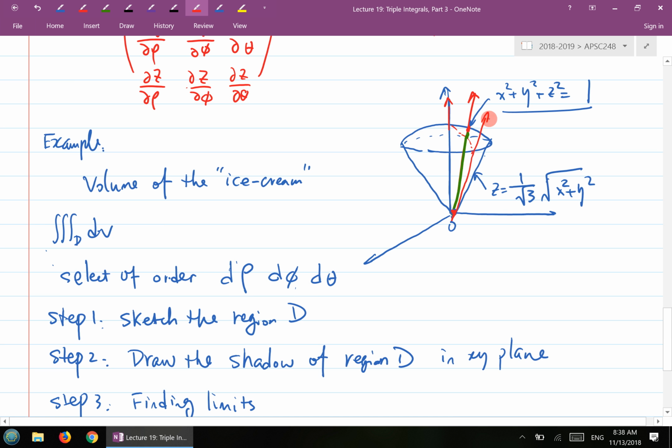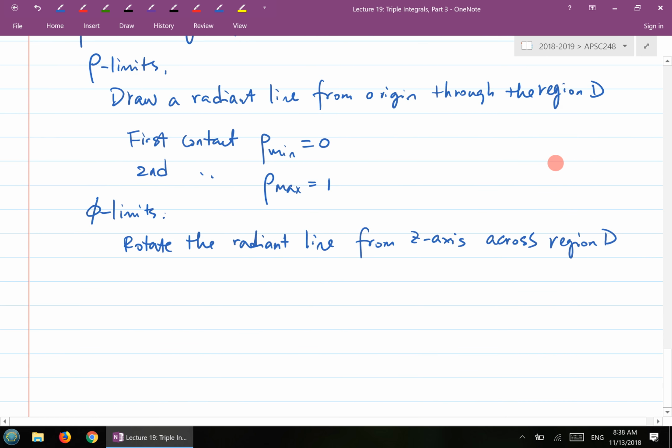So starting from here and ending on the edge of the cone right here. Does that make sense? So from here to here. Your phi will have a phi min as a first contact, and then a second contact according to the two edges. Your phi basically finds the two edges.